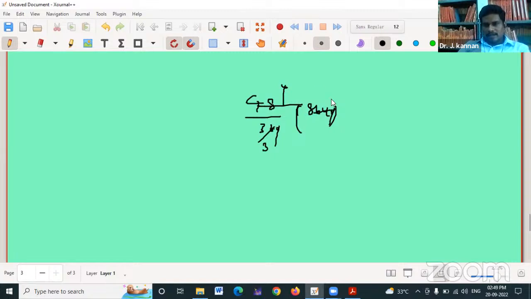And cancelling again, so 2 times 2, so 8 times 3 and 8 times 3, so 288 is the answer. So the first problem, the answer we got is 288.